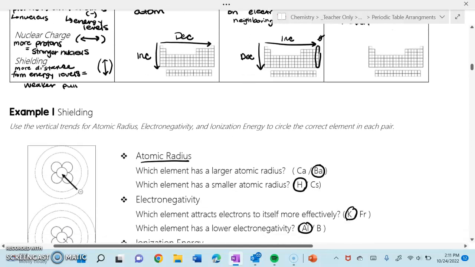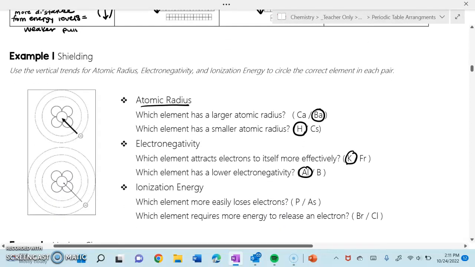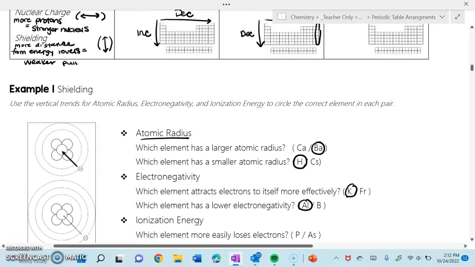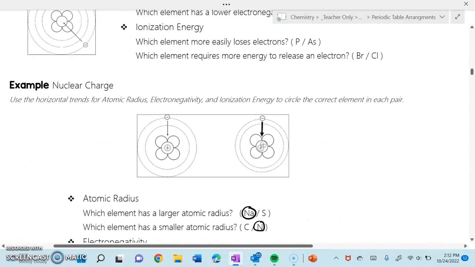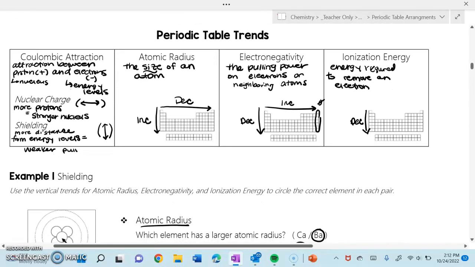So we will find that our vertical trend, if you're thinking about plucking off the electron, you'll want the one that has a weaker pull, which has a larger distance. So it will be decreasing going down, easier to pull off. And horizontally going across, it's going to get stronger, so it's harder to remove, requiring more energy.